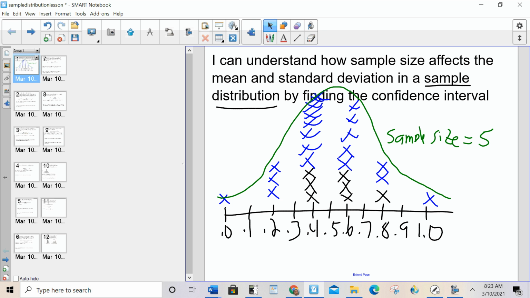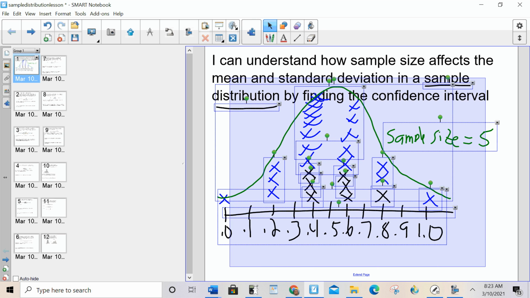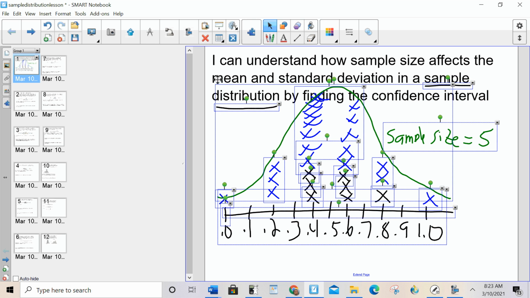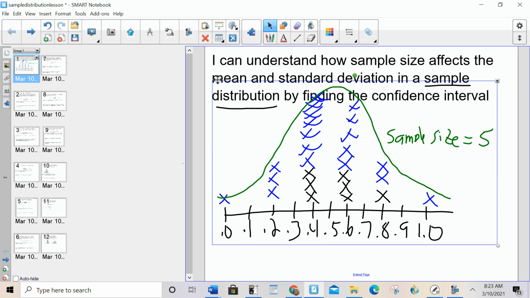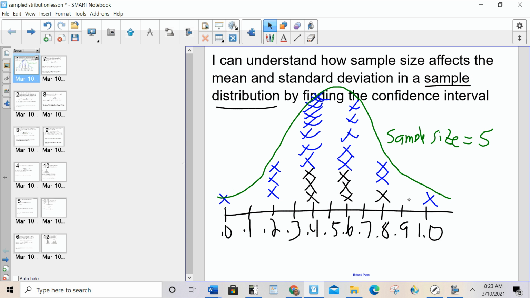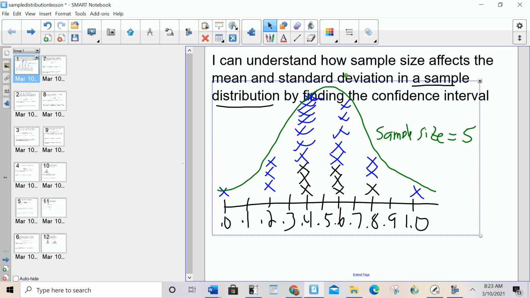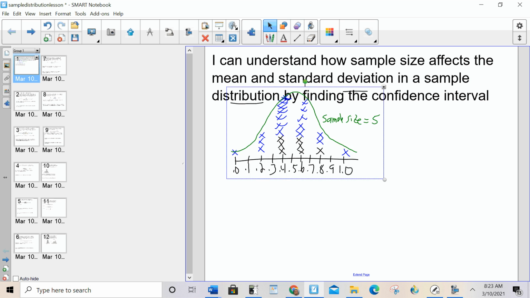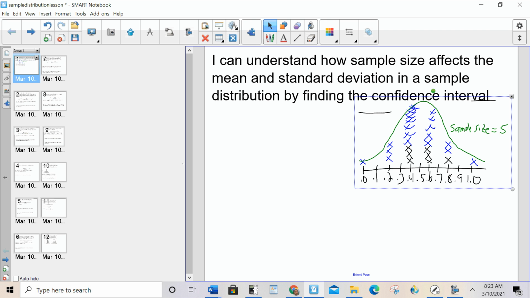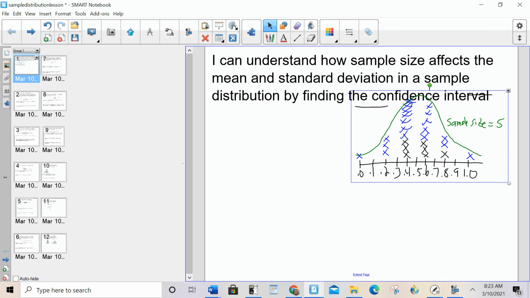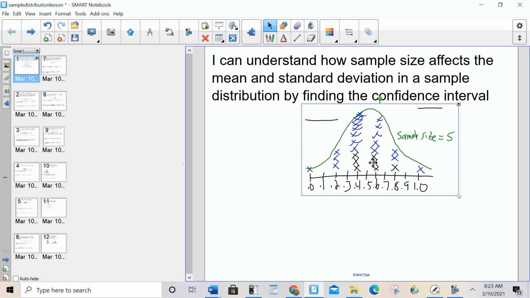So now what I'm going to do is put that together, and I'm just going to hide this for a little bit.